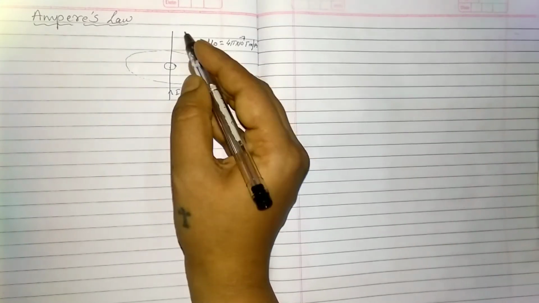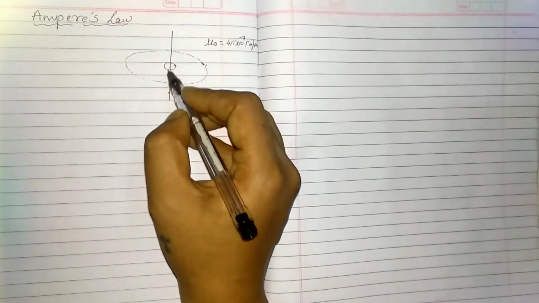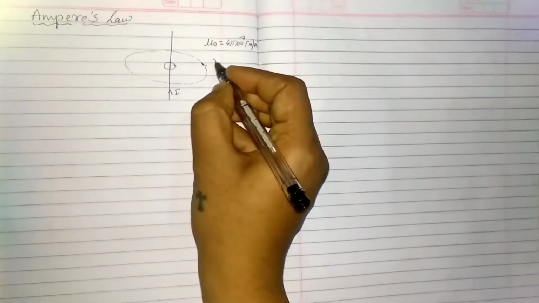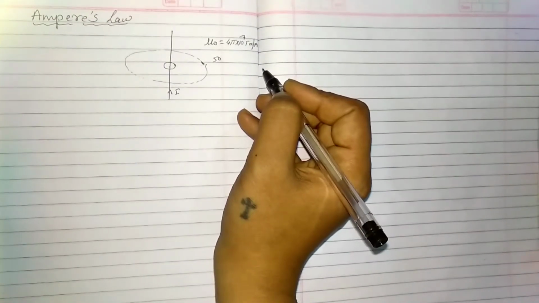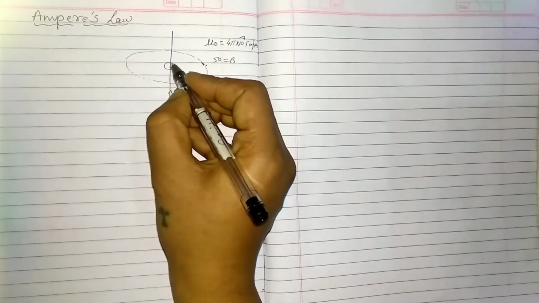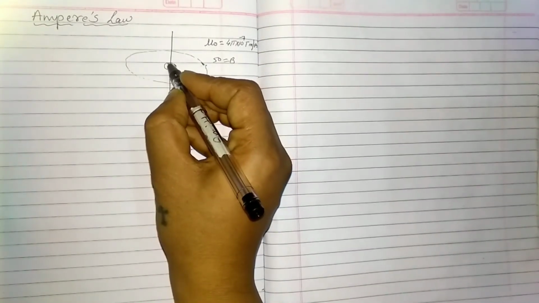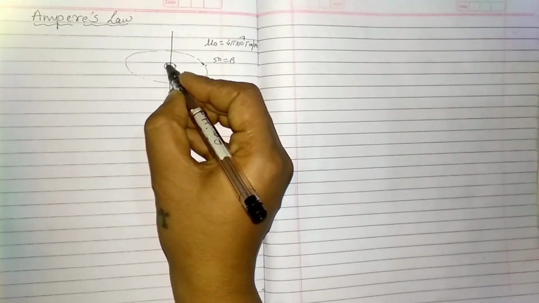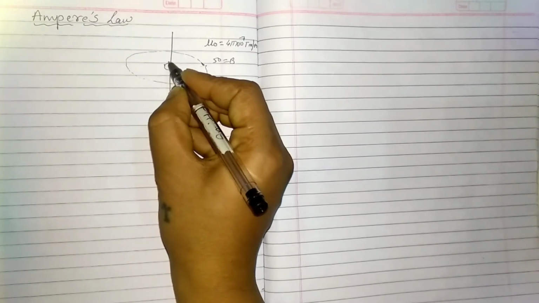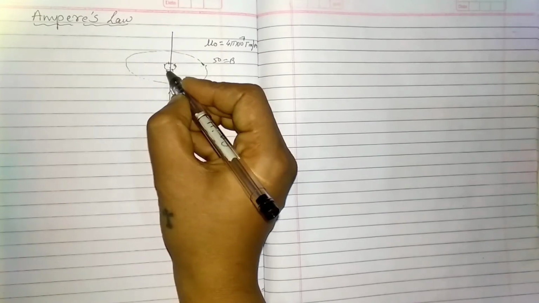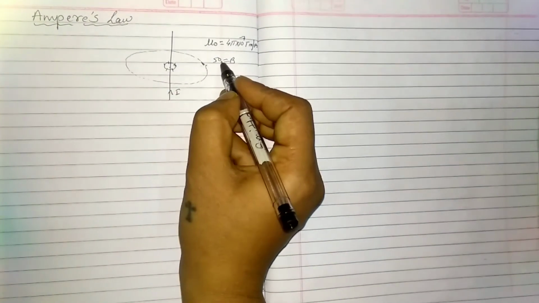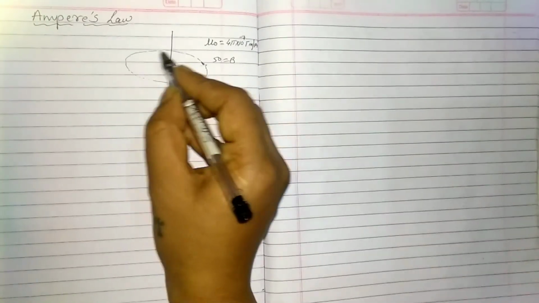For example, the magnetic field developed in this conductor came out as, say, 50. The magnetic field which came out is 50. Then you can say that this 50 is distributed along the length of this loop. That is, here to here it is 10, 20, 30, 40 and then it is 50.